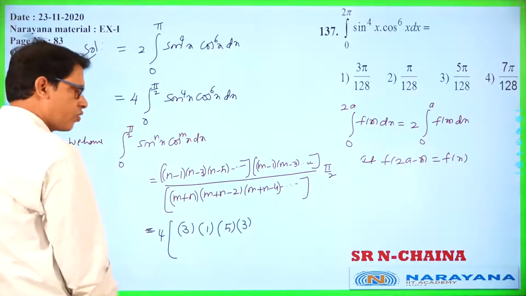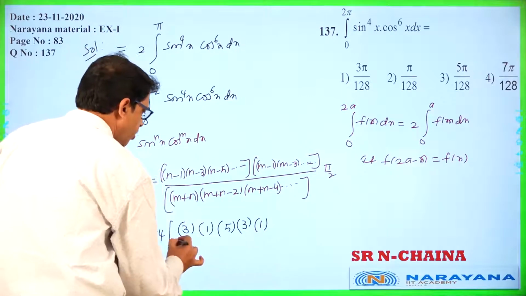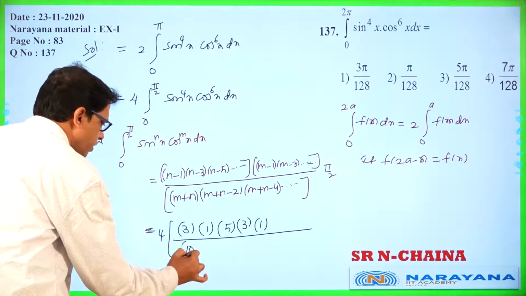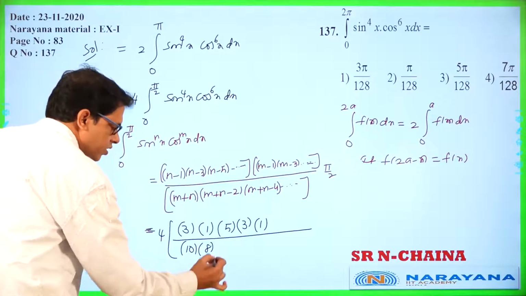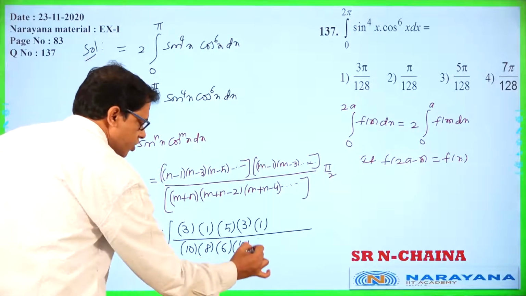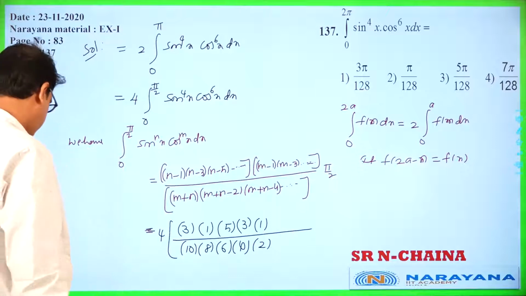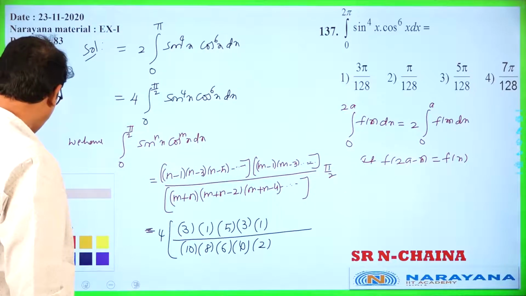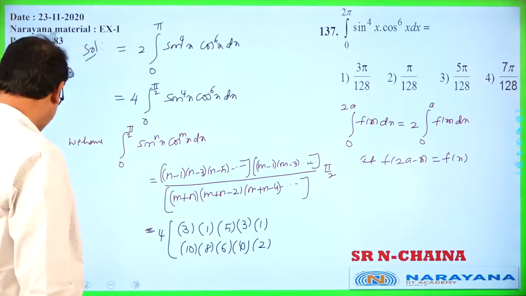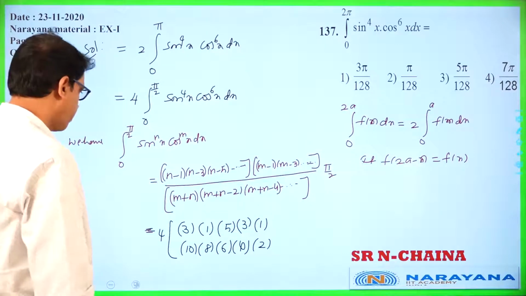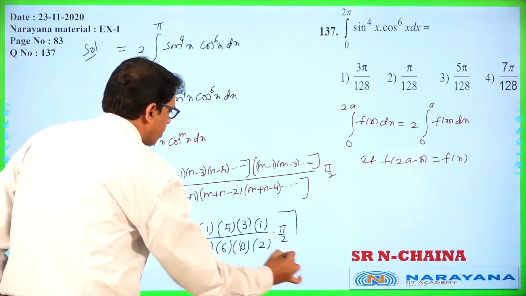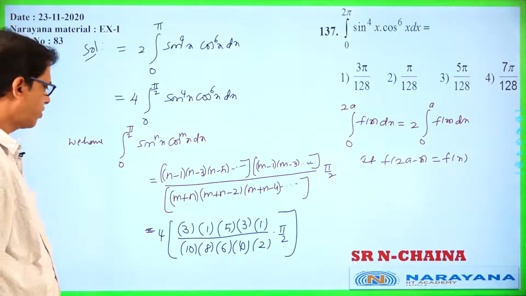Then 3 minus 2, 1. Then denominator, m plus n, 10. Then minus 2, 8. Then minus 2, 6. Minus 2, 4. Minus 2, 2. Stop here, and the last will be pi by 2, into pi by 2. Now calculate, that is the required value.